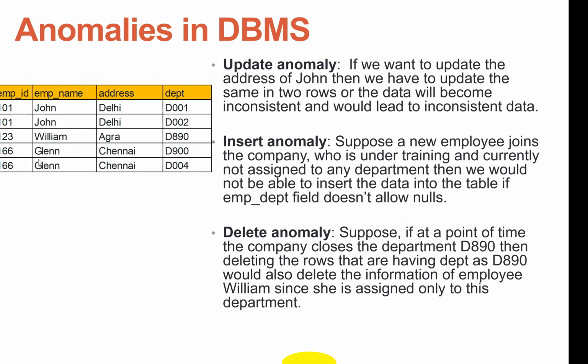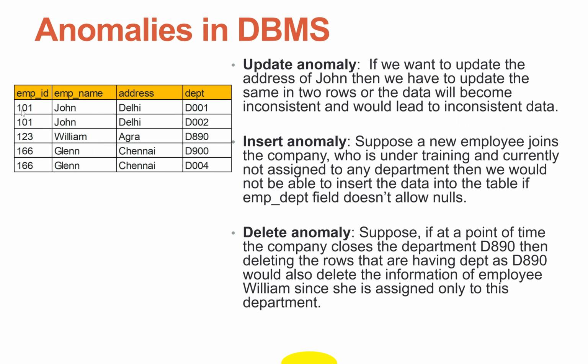If you take this particular table, I have employee ID, employee name, address, and department. For example, this particular employee works in two departments, department 1 and department 2. This other employee, in the same way, is working in two different departments. So what is the update anomaly?